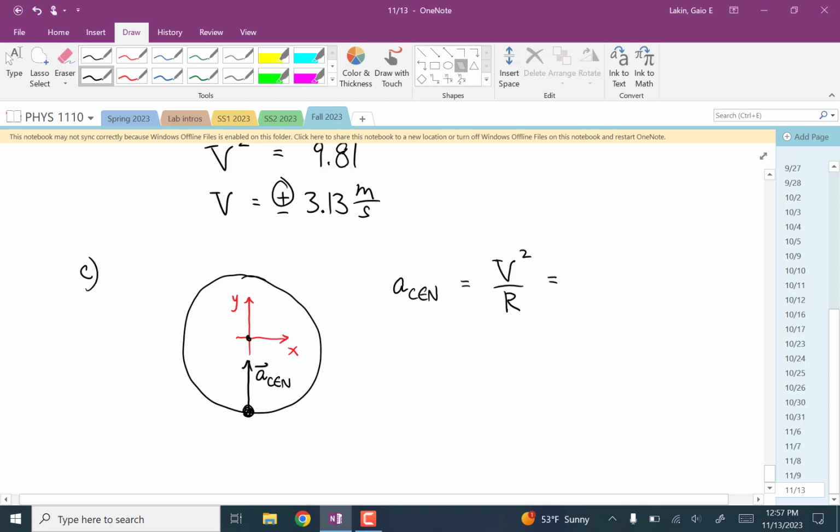That's 3.13 squared divided by the radius of the circle, 0.2 meters, which is 9.81 divided by 0.2. So I divided by 0.2, that's 49.05. Now put that in its vector form. The centripetal acceleration is in the positive y direction, so this is 0, 49.05.